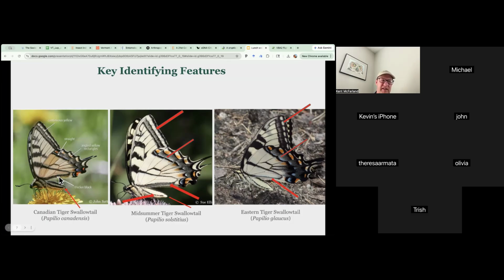It's really thick. So think colder times of the year, more black; warmer times of the year, less black. And then you get down to really warm places, Eastern tiger swallowtail, where this is usually really thin. Those are the key features and why you have to take a picture of the underside. The problem is that I'm showing you pictures here that are kind of definitive.